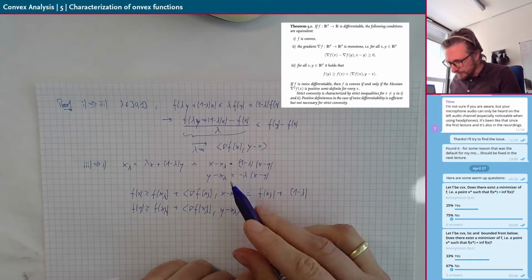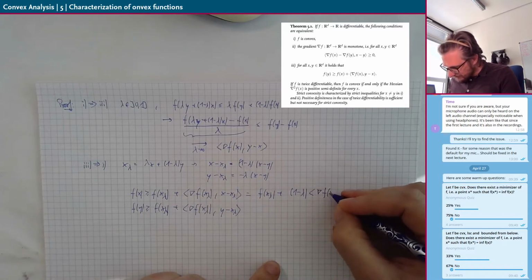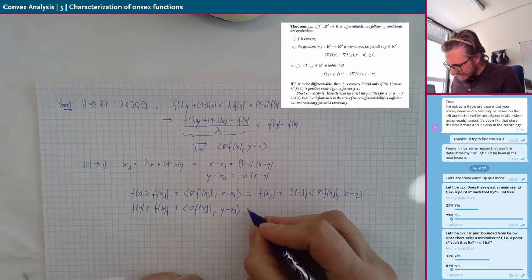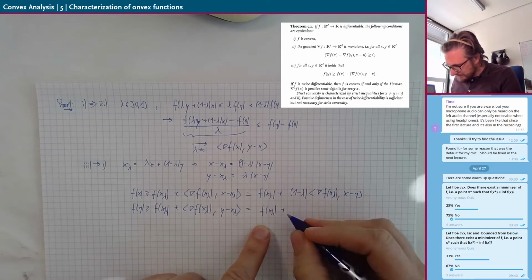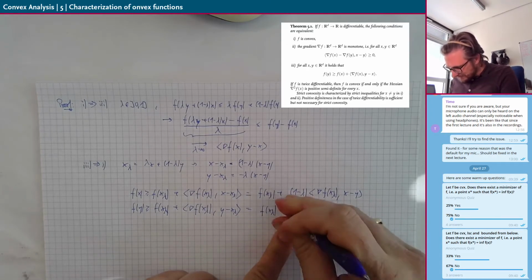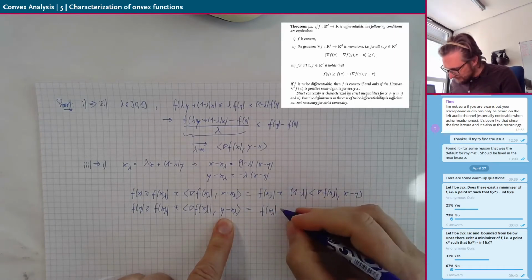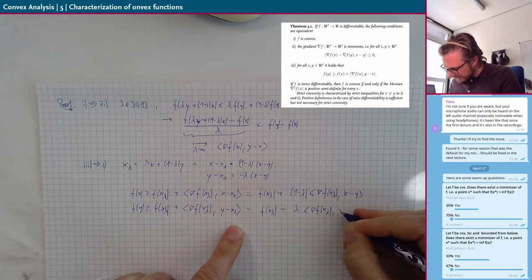So we factor this already out, or bring it in front of the inner product, gradient of f of x lambda times x minus y. And here we get again f of x lambda plus, no, it's not plus, because we get a minus lambda back here, and we get a minus out, so it's minus lambda gradient f of x lambda times x minus y.